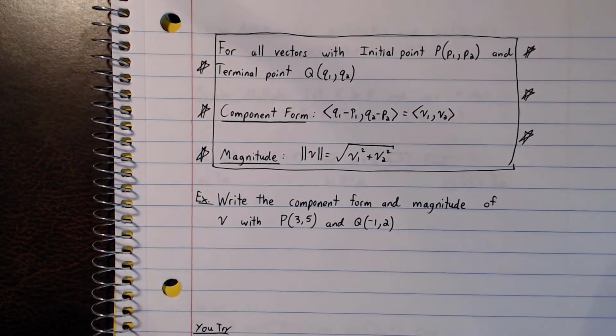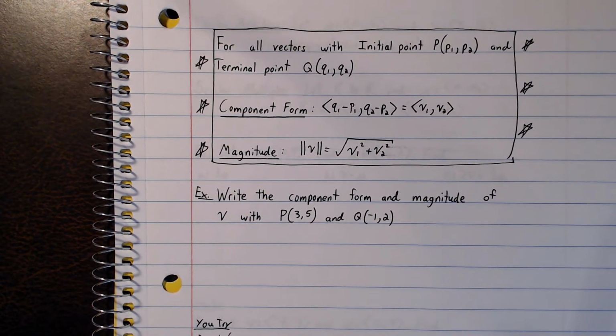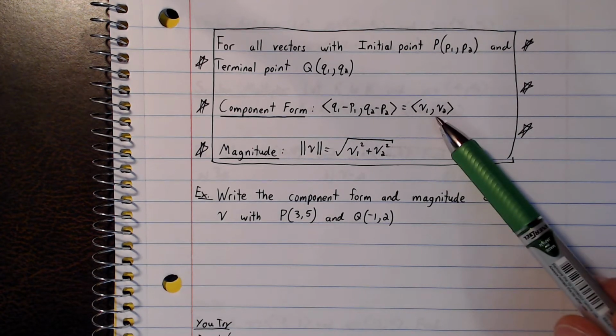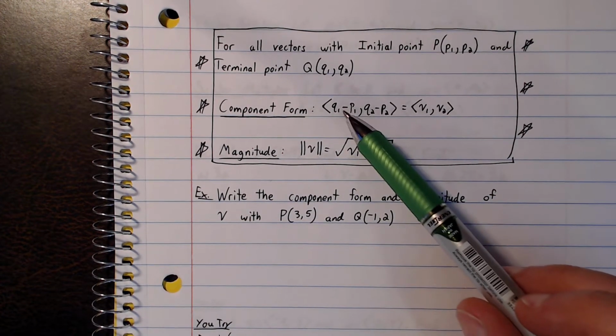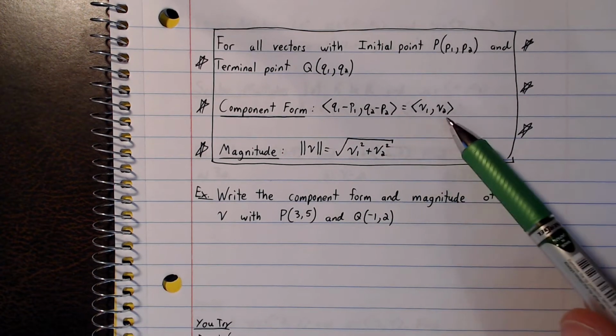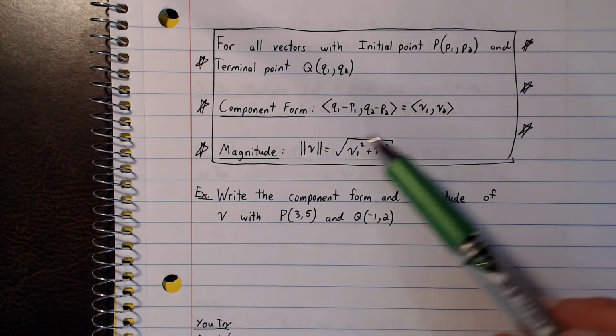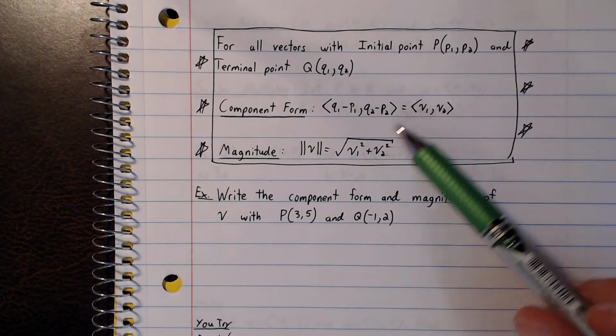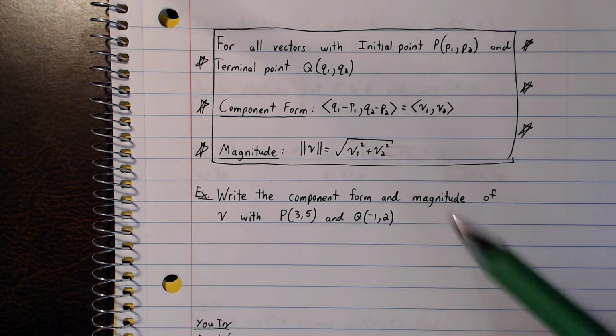Okay, for all vectors with initial point P, P1, P2, and terminal point Q, Q1, Q2, if we want to write it in component form, which is how a vector usually is written, we're going to subtract Q1 minus P1 and Q2 minus P2. That'll get us the vector. And if we want to find the magnitude, we just take the square root of our v1 squared plus v2 squared.